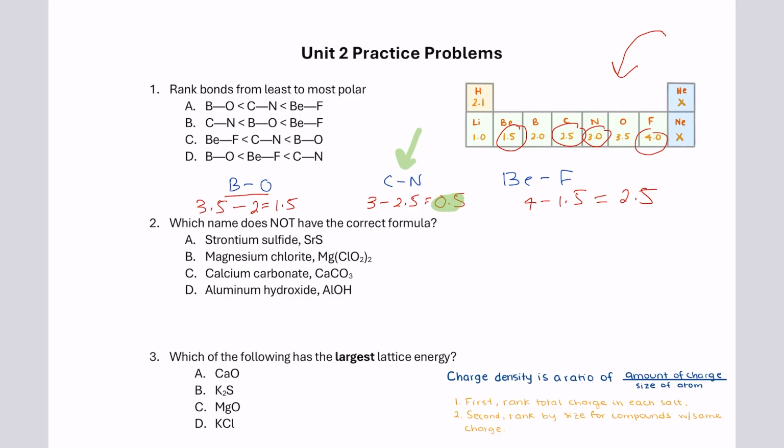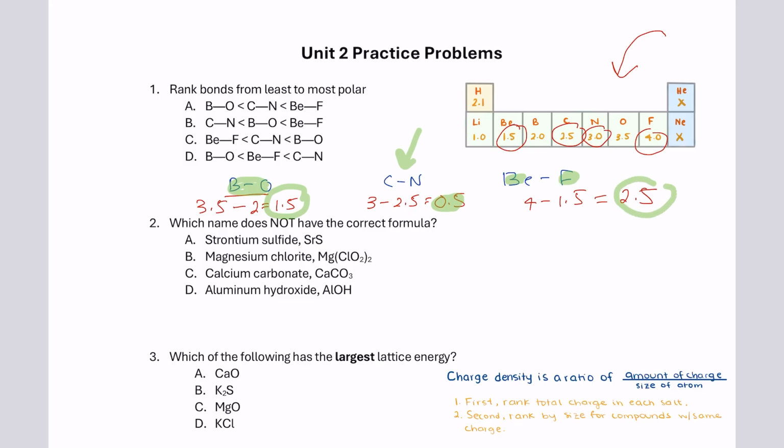Then the boron bonded to the oxygen has a larger electronegativity difference of 1.5, so it is more polar than the carbon bonded to the nitrogen. Finally, beryllium bonded to fluorine has the largest electronegativity difference, 2.5.